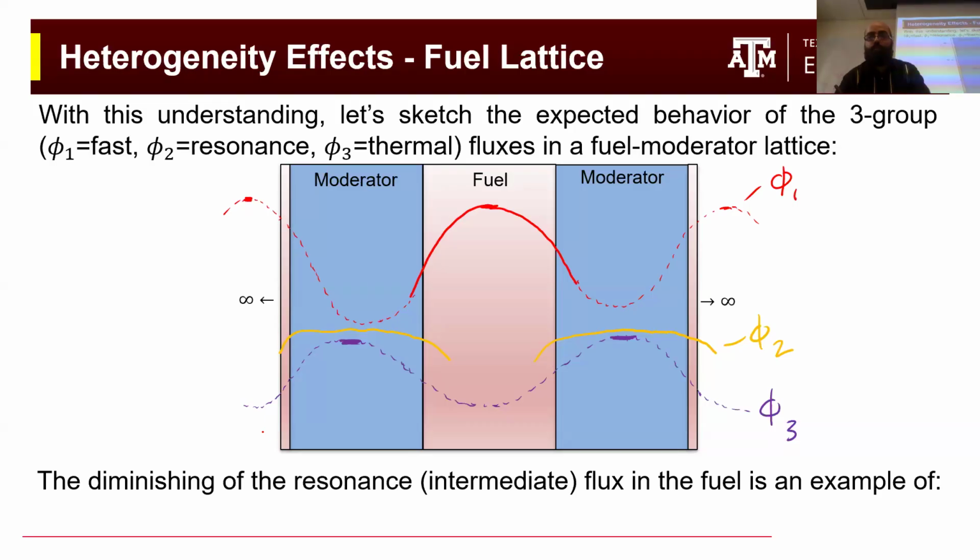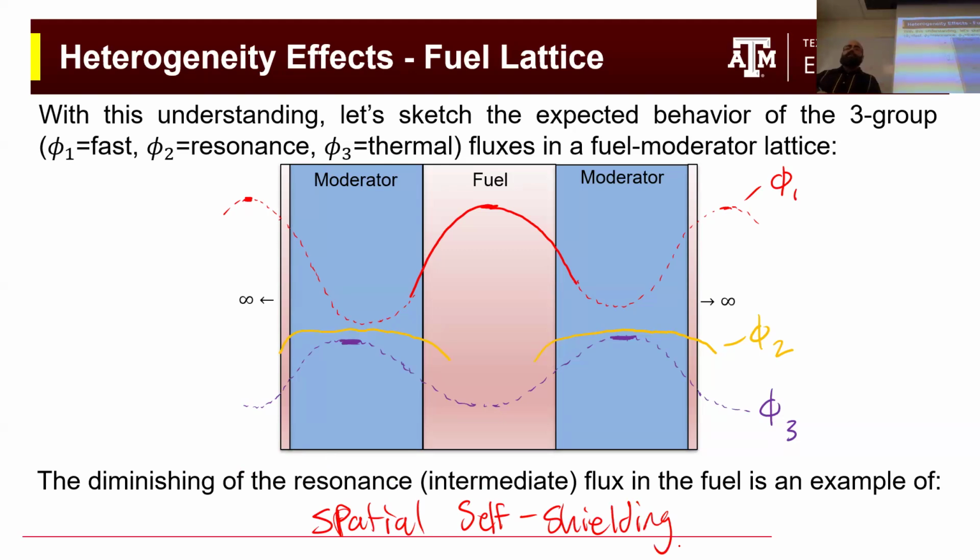And this is an example of what we call spatial self-shielding. The fuel is shielding itself from those neutrons, such that the fuel in the middle doesn't really see much of the flux compared to the fuel atoms on the outside of that fuel pin.